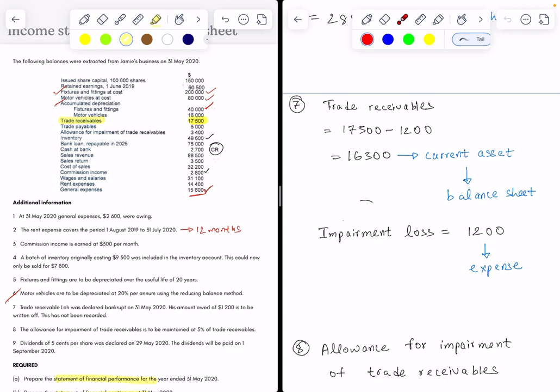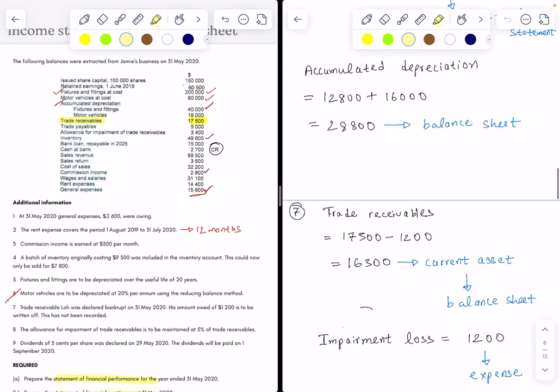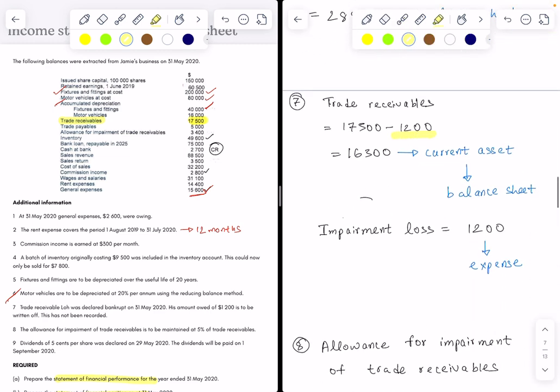Now, one of the trade receivables cannot pay, and therefore we have to write it off. And that amount is $1,200. So what we are doing here is subtracting $1,200 from the $17,500, which is given in the list. That leaves us with the final trade receivables balance of $16,300.